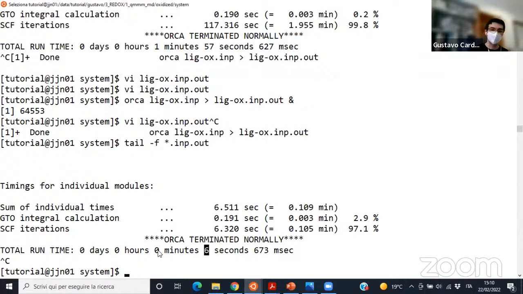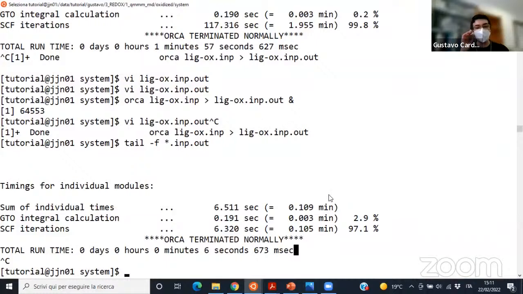So that's the reason this time the computation took much less. Okay, never mind. Actually, if anyone in the chat knows what the parser is for looking at the SCF convergence, could you write it in the chat so we can see how we could do it.